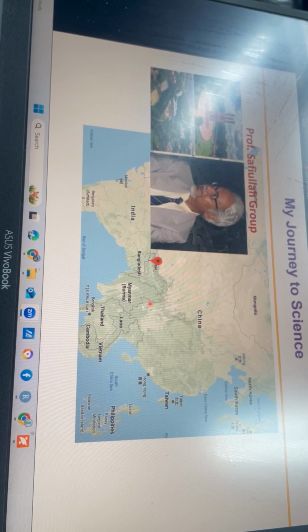When I was in college, I started loving chemistry because of my college teacher. He was super good in chemistry. Then I went to Jahangirnagar. My major was in chemistry, although I also minored in physics and mathematics. When I was in Jahangirnagar, I met a renowned professor. Maybe some of you know him or may not know him.